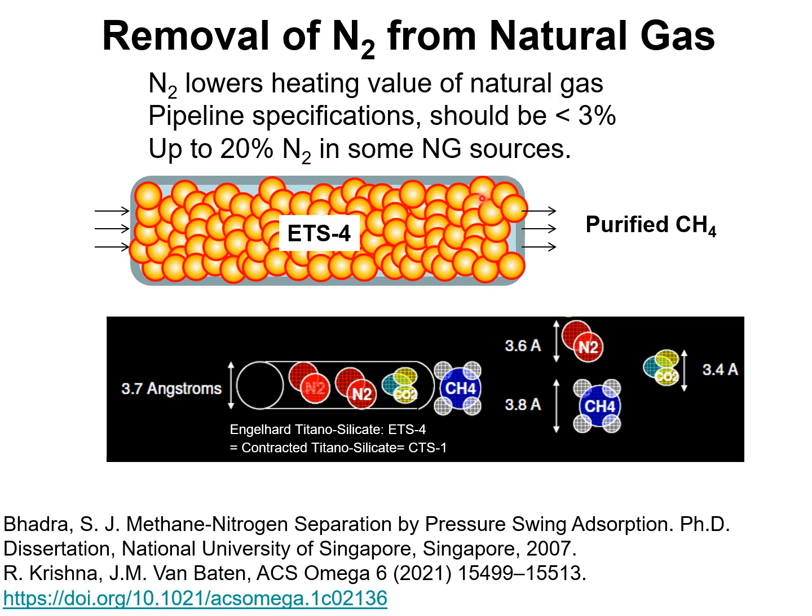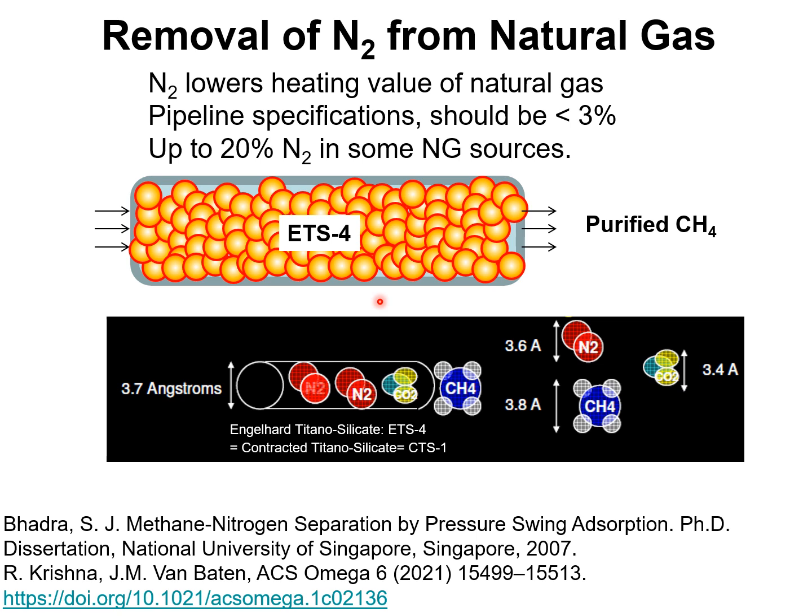Therefore, it is important for nitrogen removal from natural gas to selectively adsorb the nitrogen from natural gas, which is predominantly methane. However, most adsorbents are selective to methane, which has the higher polarizability.